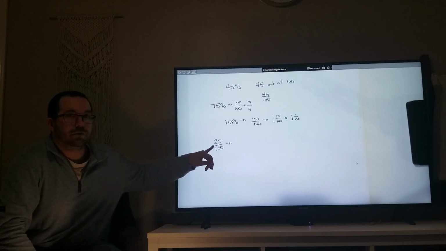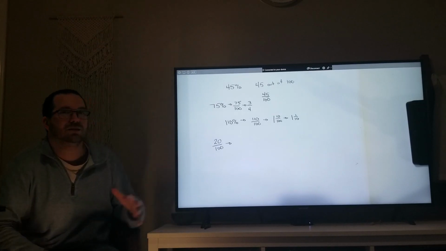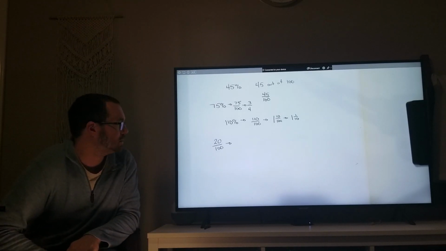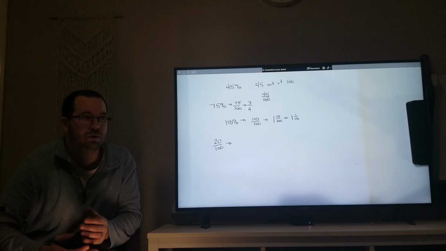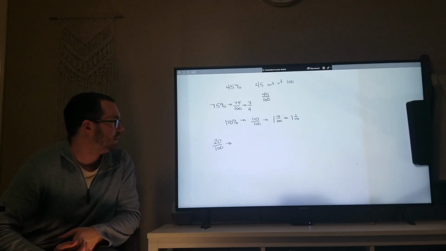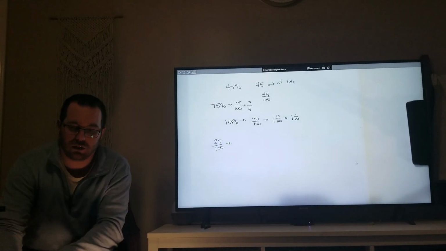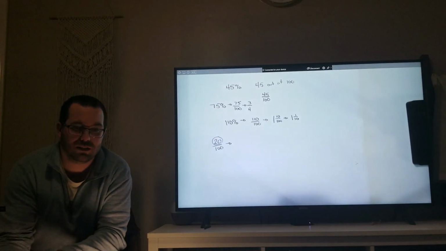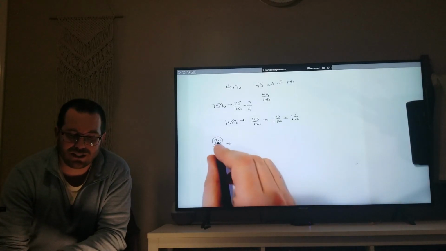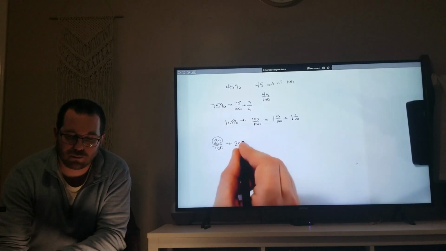Anytime you see a fraction that's over 100, it makes it really easy to figure it out as a percent because it already is a percent. How much is out of 100 in this question? Your answer is simply 20. So 20 out of 100 is 20%.